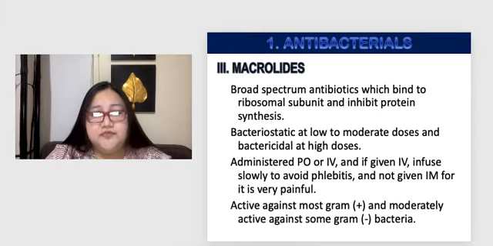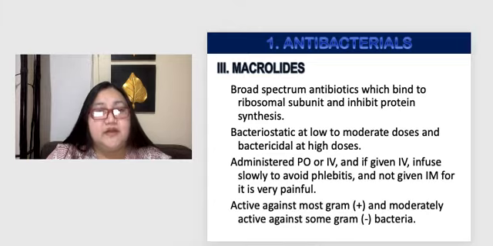The third group of drugs are the macrolides. Right? Now, the next 4 antibacterials that we will discuss. So, una si macrolide, yung susunod dito, lincosamide, and then vancomycin, and then ketolides. Yung 4 na sunod-sunod na yon, similar, no?